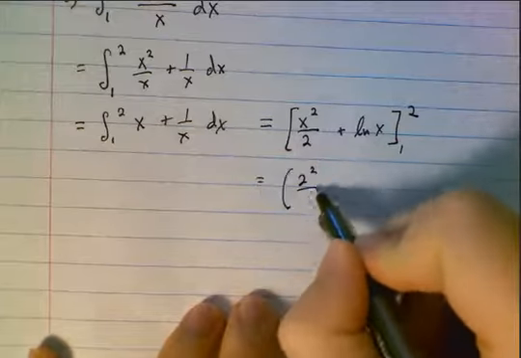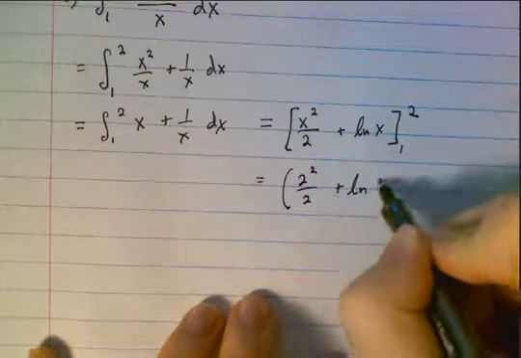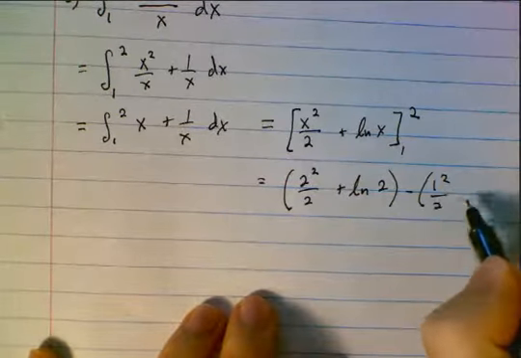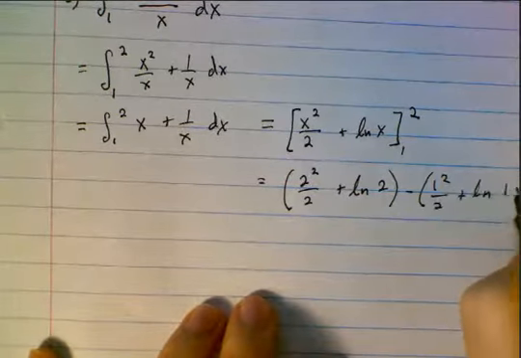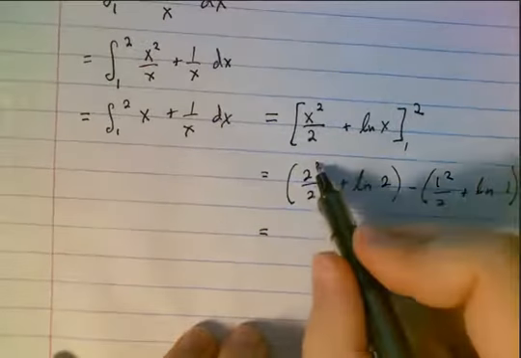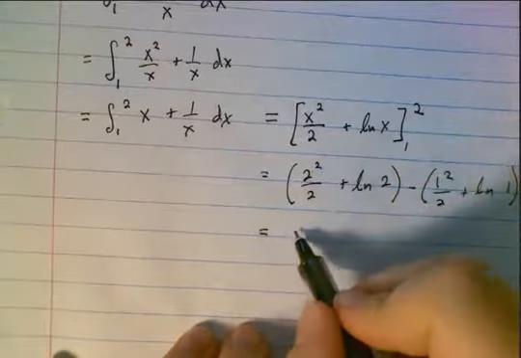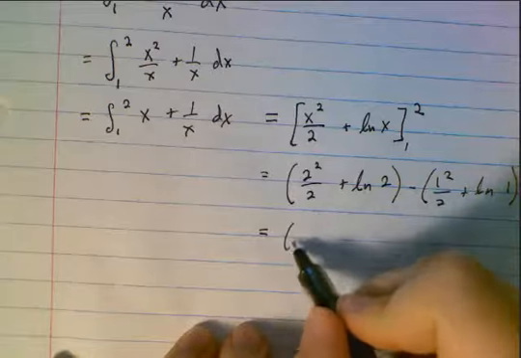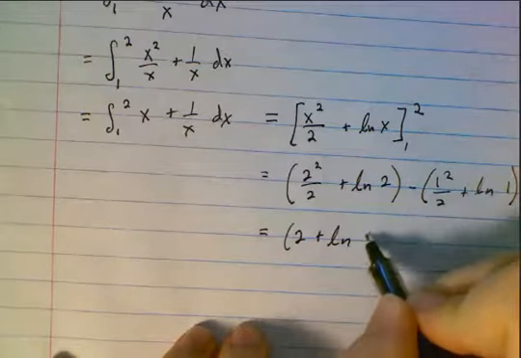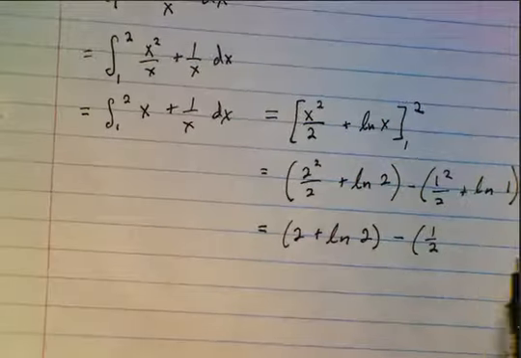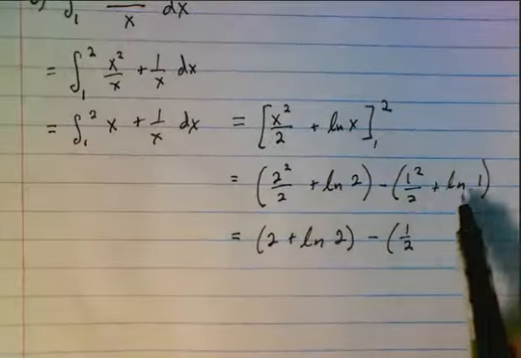So 2 squared over 2 plus the natural log of 2 minus 1 squared over 2 plus the natural log of 1. So 2 squared is 4, divided by 2 is 2. So it's 1/2.